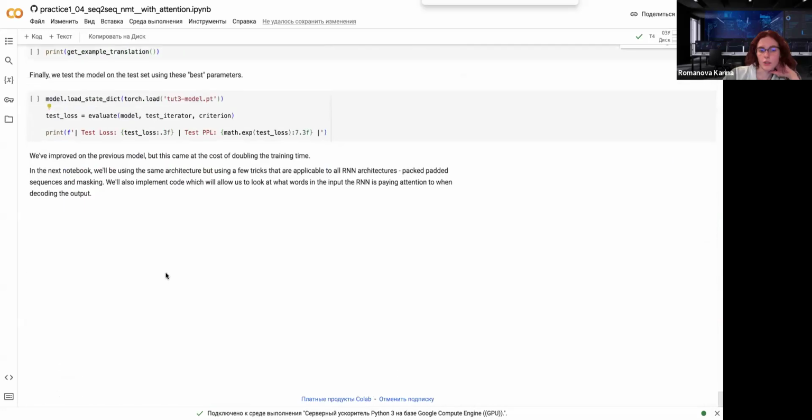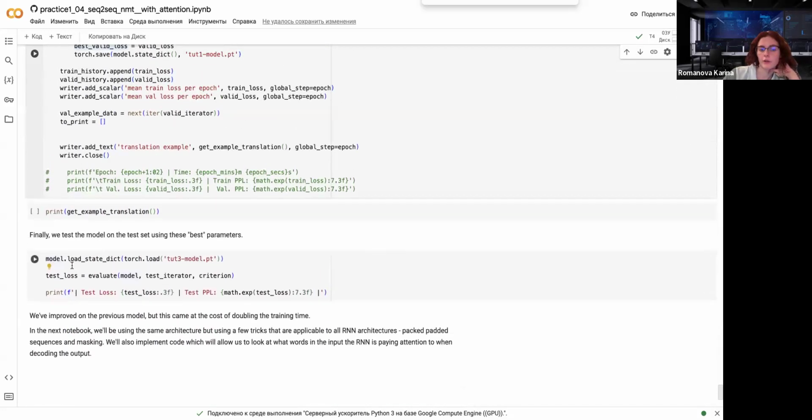Then we can use it at inference. We can load the state dict from our previous training processes and use it, for example, in production, on every task that we need. We trained it for our goal. So when we had a good result, we need to use it on the tasks on which we need to use our model.